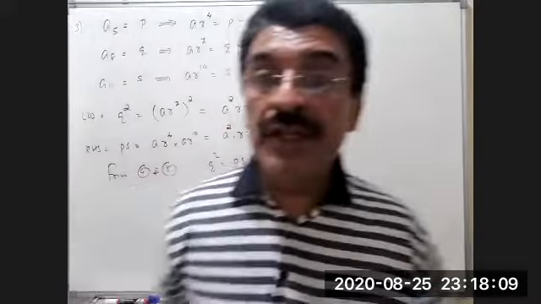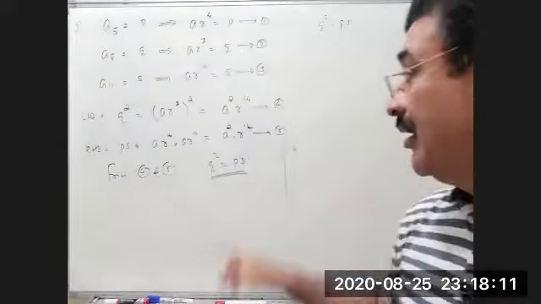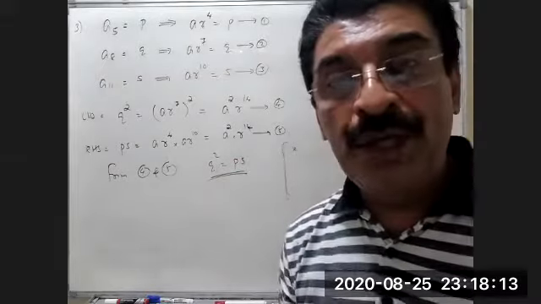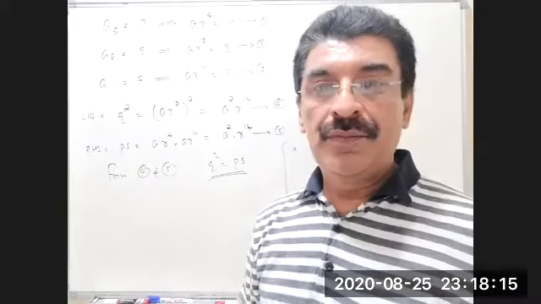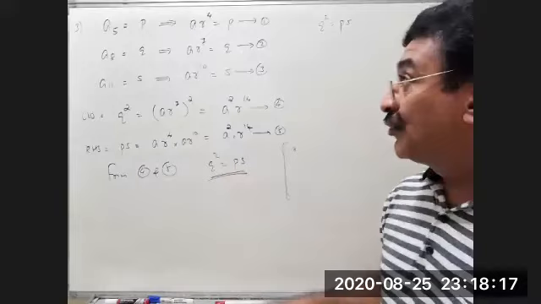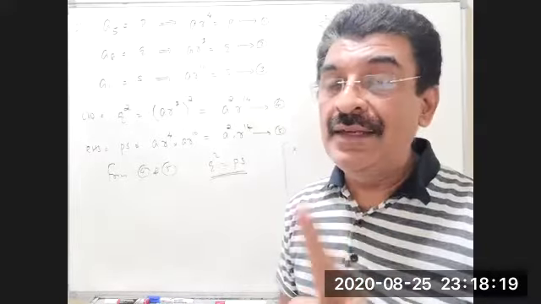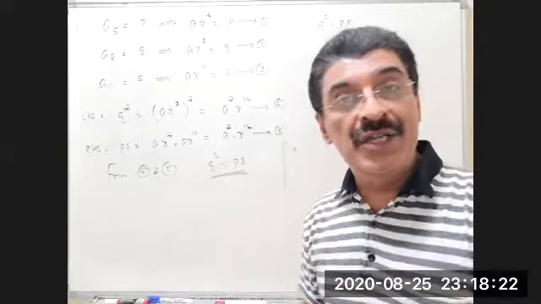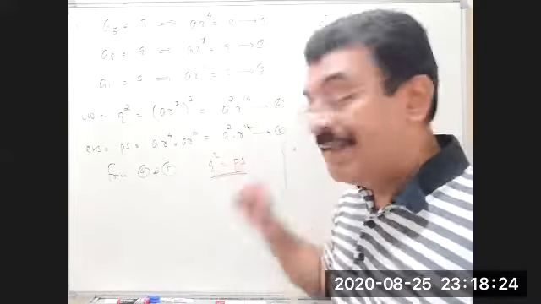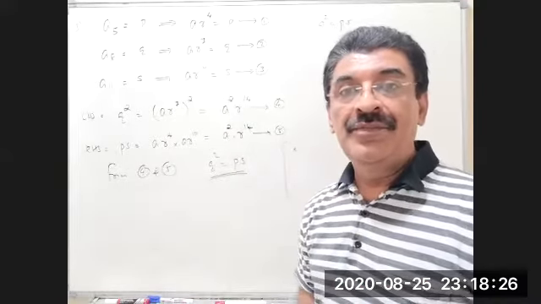The same question can be asked in a different way. If B square is AC, then A, B, C are in GP. So if Q square is PS, what can we write?